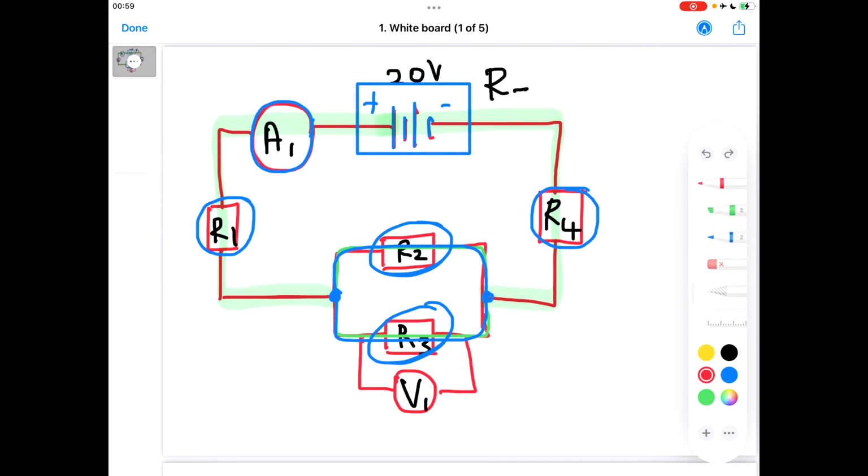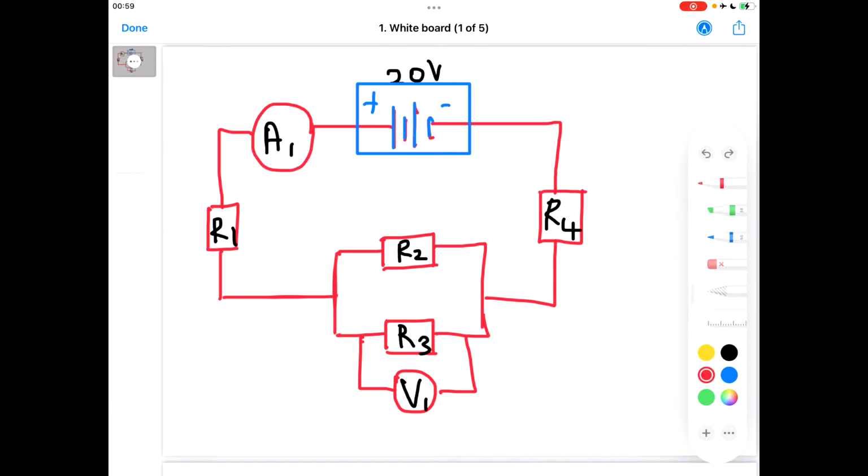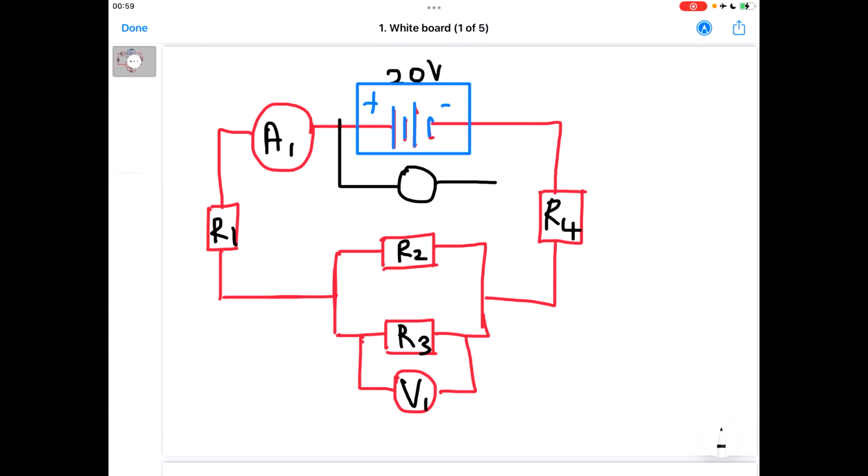Okay, someone might be wondering, what about the V now? Remember guys, we've got something called V, which is the potential difference. In this case, let's say the V connected across the battery, let's call it V2.